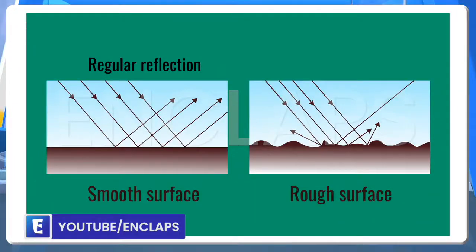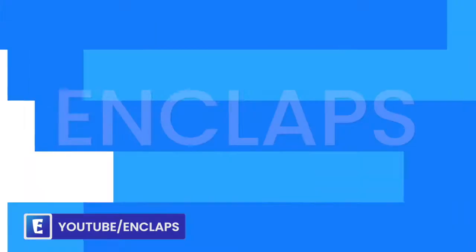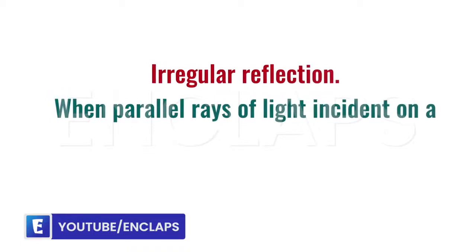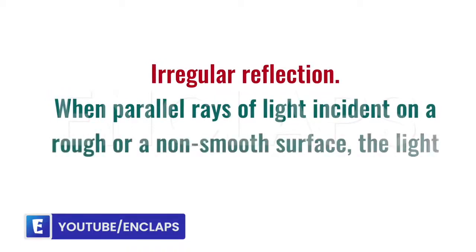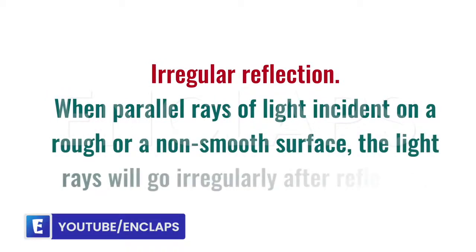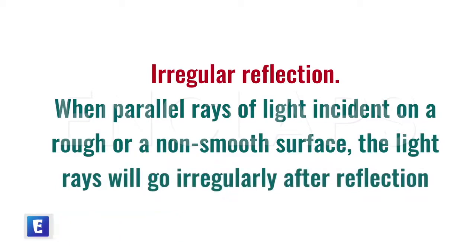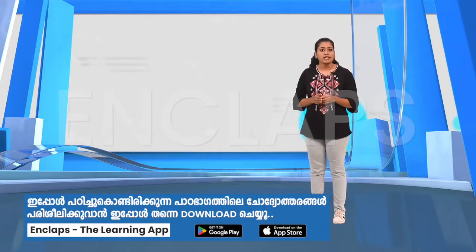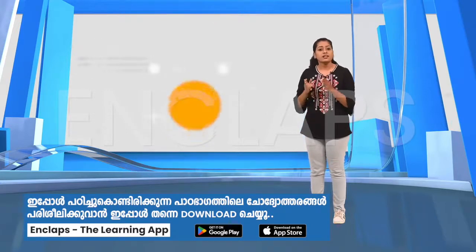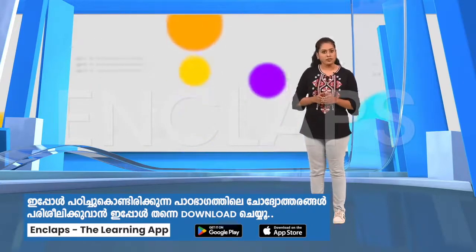The reflection happening in the second surface is called the irregular reflection. When parallel rays of light are incident on a rough or non-smooth surface, the light rays will go irregularly after reflection. This is the scattered reflection. Here, light undergoes reflection but no image will be formed.